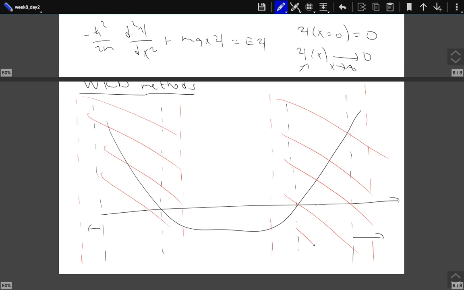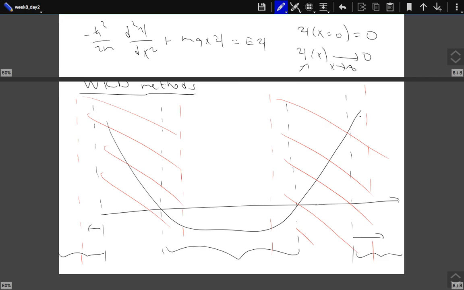So what I will try to do is look for some approximate solution in this region, and some approximate solution in this region, using the fact that either my function is almost 0 or the potential doesn't change significantly within that range. And then I will just match the solutions in these two regions using the solution for a linear potential. And we have just seen that the solutions for the linear potential are just Airy functions.